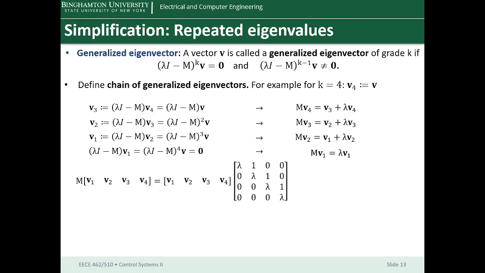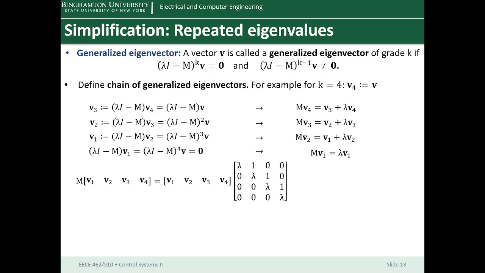If we take all these vectors, v1, v2, v3 and v4, and arrange them as the columns of a matrix, then multiply that by M, we find M acts on them through a special kind of square matrix. This new matrix looks almost diagonal. It has lambdas along the main diagonal and ones just above the main diagonal.